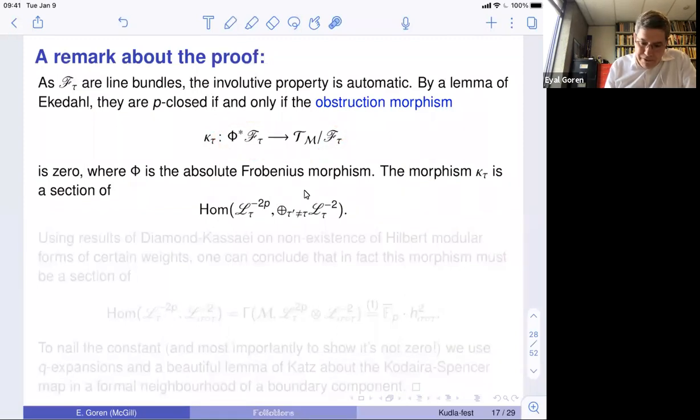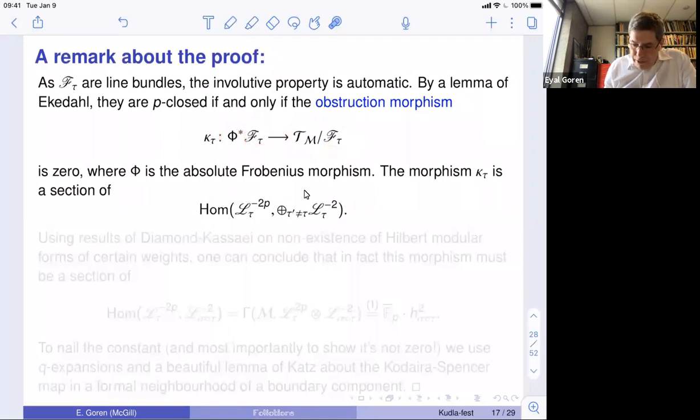So by a lemma of Ekedahl, actually, the obstruction can be viewed as a map between the pullback of this line bundle under the absolute Frobenius morphism of M and the tangent bundle modulo this F tau.